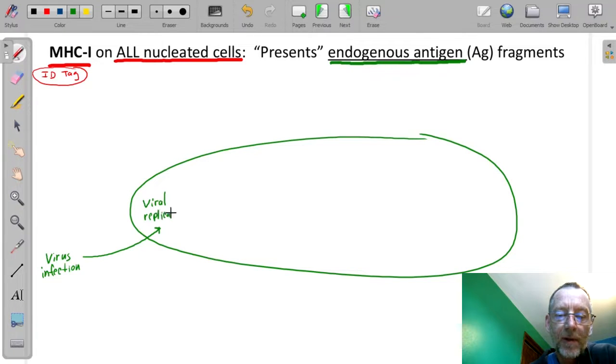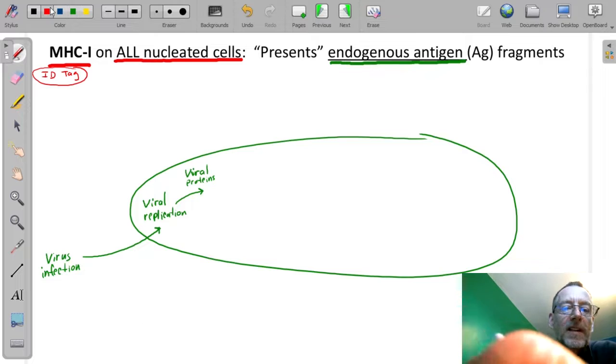At this point, the immune system can't see what's going on inside the cell. So as the virus replicates itself, it makes viral proteins. Viral proteins are synthesized. Your cell is taken over by the virus, and it's your cell that makes more of these viral proteins.